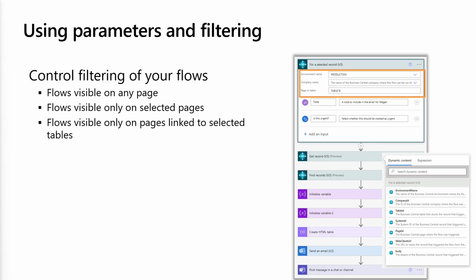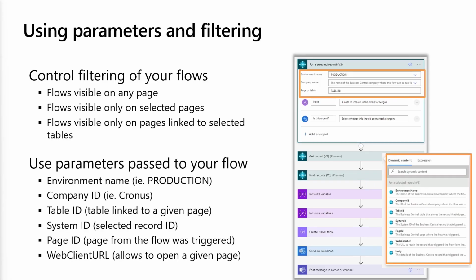This is quite powerful. And the other thing is the parameters that are sent from Business Central to the flow at runtime. The moment you start a flow, you will get environment name, company name, table ID, and most importantly, system ID, which is the ID of a record that is highlighted.